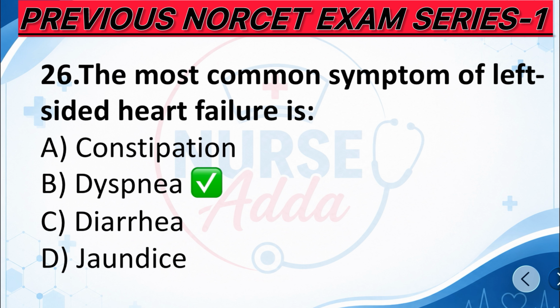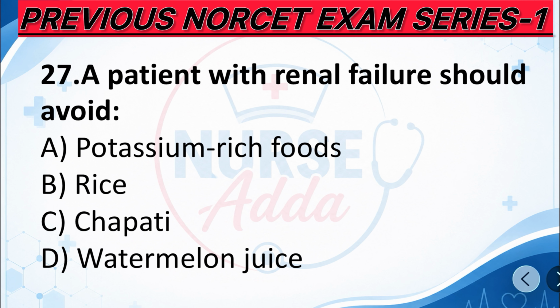The right answer is option B, dyspnea. A patient with renal failure should avoid potassium-rich foods, rice, chapati, watermelon juice. Right answer is option A, potassium-rich foods.